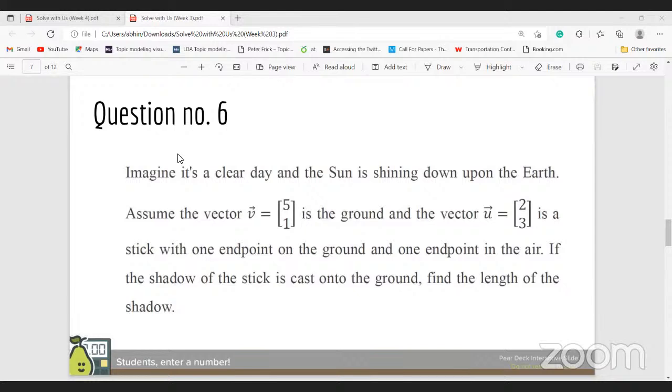For this particular case, you have to use the formula v transpose u divided by v transpose v, whole into v, because you have to find the projection of the stick on the ground. Ajit, your answer is also wrong. It should be 2.55.